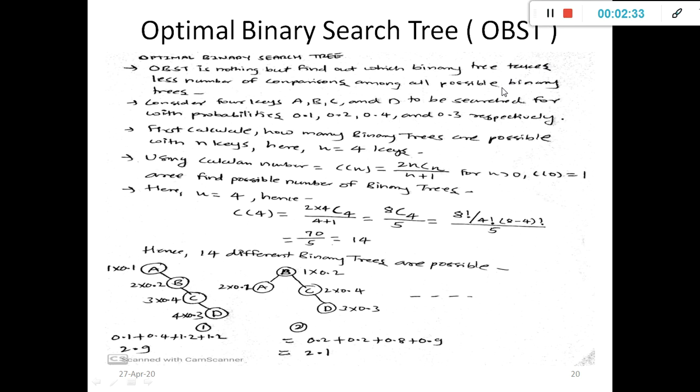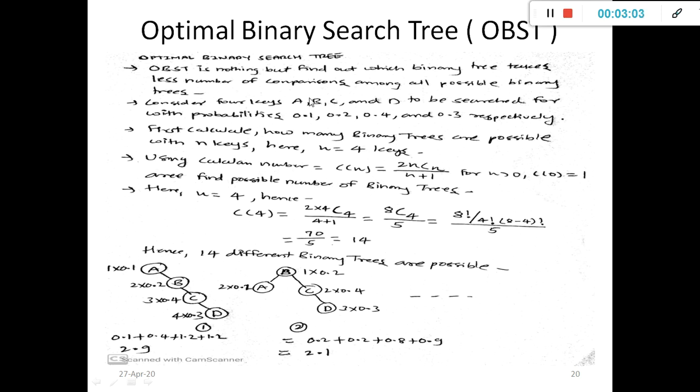To find how many binary trees are possible for n keys, use the Catalan number: C of n is equal to 2n C n divided by n plus 1, and C of 0 is equal to 1. Using this Catalan number formula, you can easily find how many binary trees are possible for any given n.